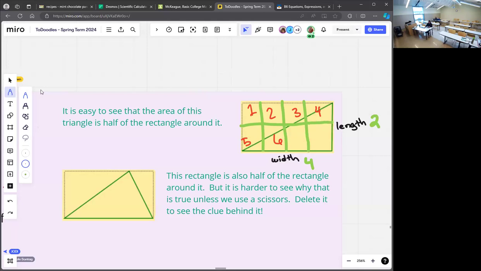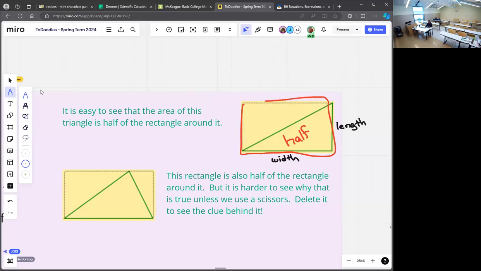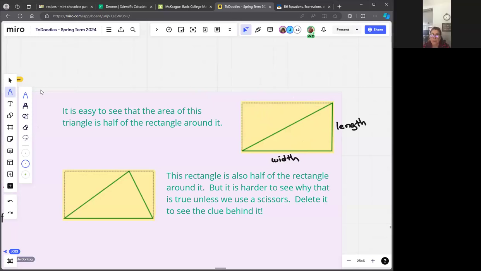So you'll believe me though, if I say that the triangle covers half as much as the whole rectangle did. Why is that true? It's the same length and width.